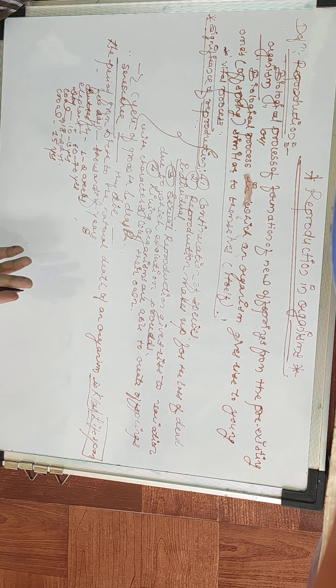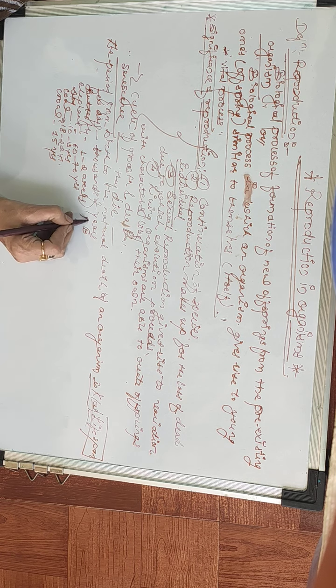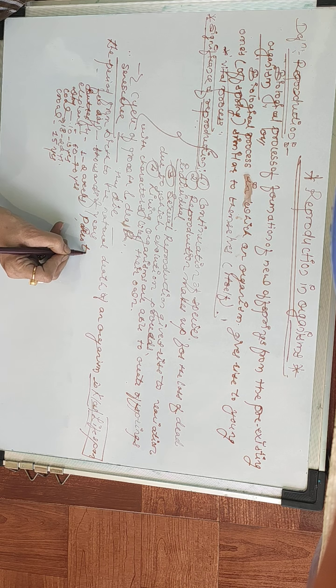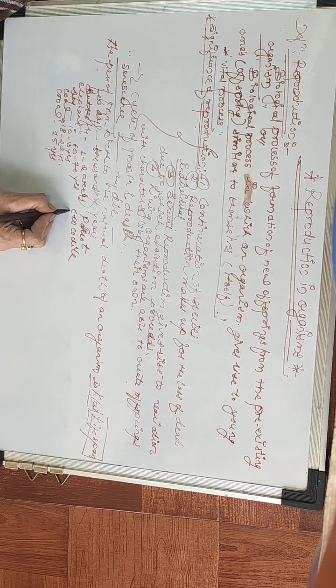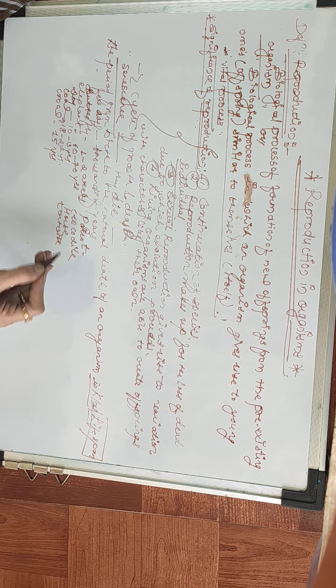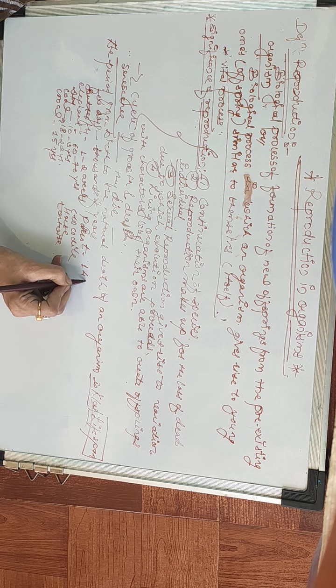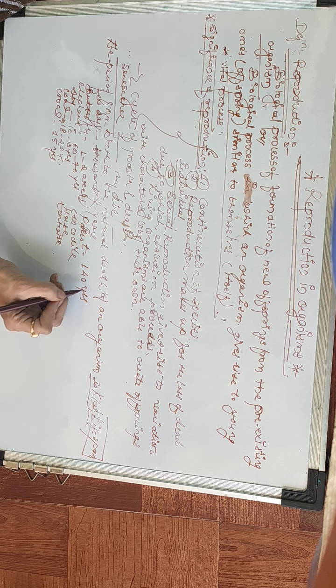Not only that, some more examples: parrot, crocodile, horse, tortoise. Parrot generally has a lifespan of 140 years.